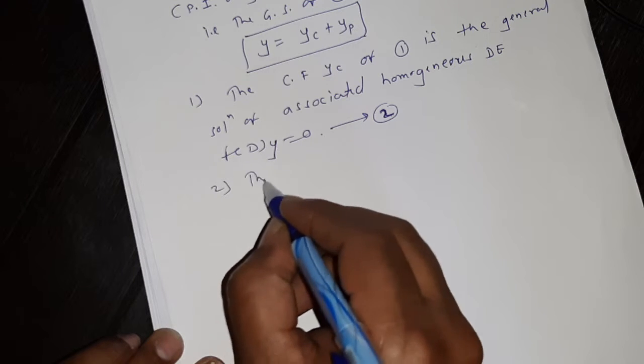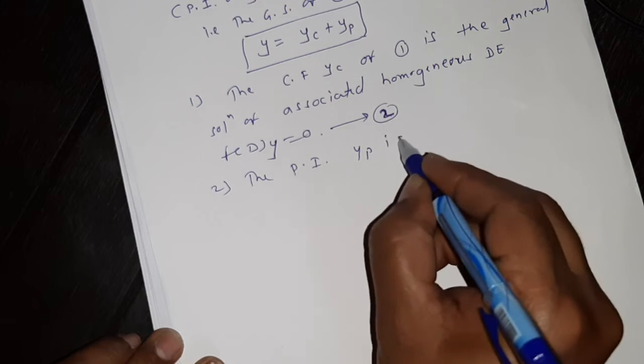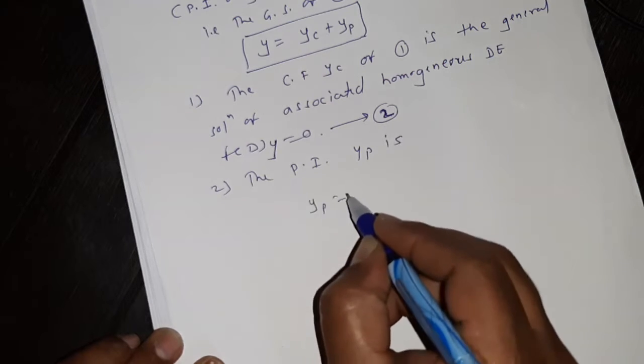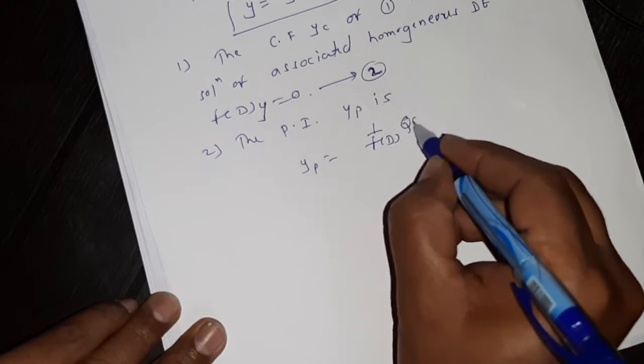And now the particular integral. To find the particular integral yp, we use the formula yp equals 1 by f(D) Q(x).